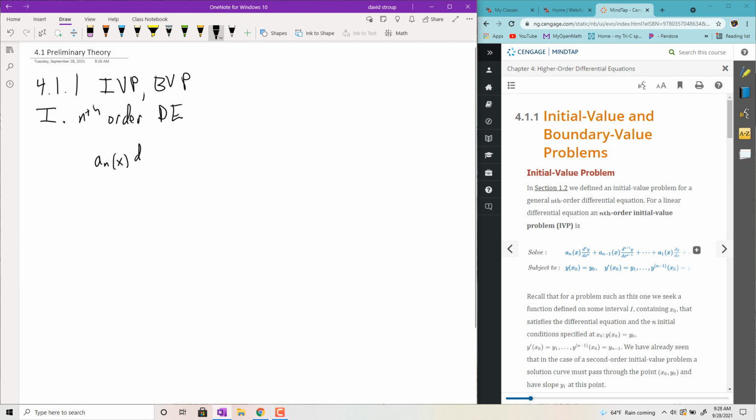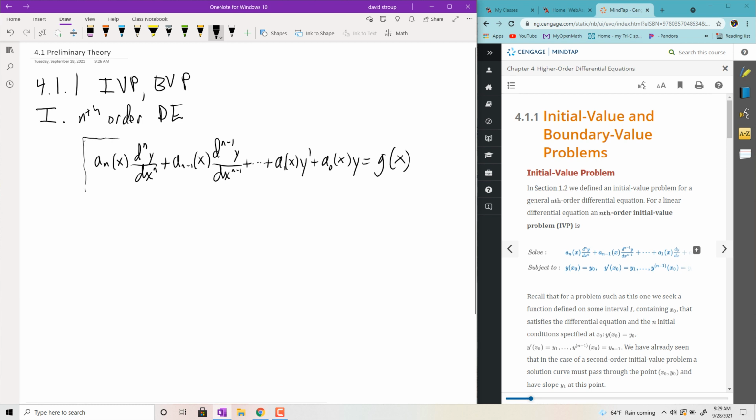Anyways, nth derivative of y plus a sub n minus 1 of x d^(n-1)y over dx^(n-1) plus dot dot dot plus a sub 1 of x times y prime plus a sub 0 of x times y, and then you have some other function on the other side, g of x.